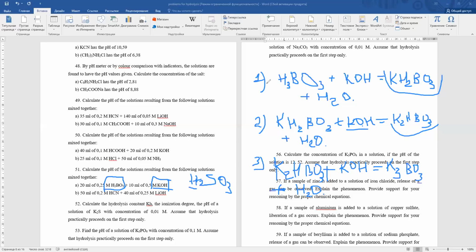For example, in the first stage, the ratio should be 1:1. In the second stage, if we don't consider this potassium, the ratio looks like this.